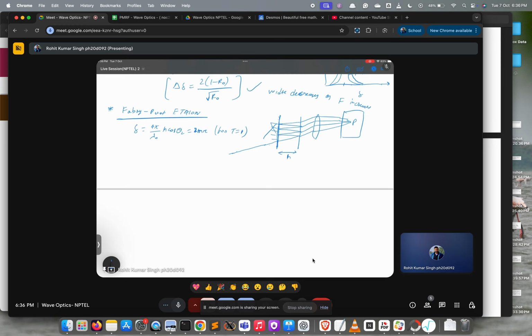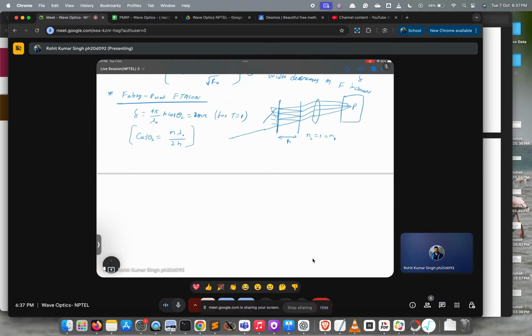Also we are assuming that the medium inside this cavity is air, so n2 is equal to 1 and is removed from the formula, and you can rearrange it to write cos theta 2 equal to m lambda naught by 2h.